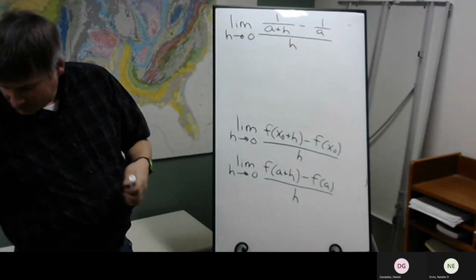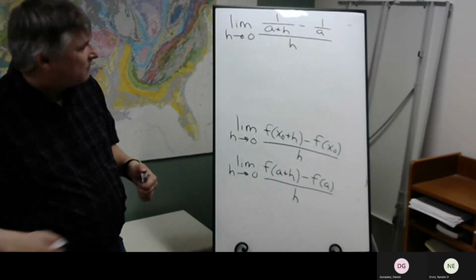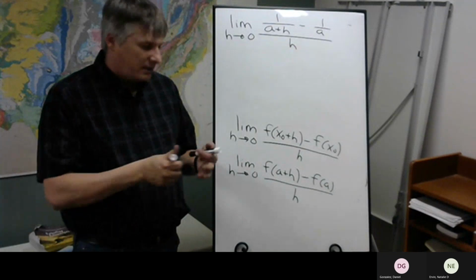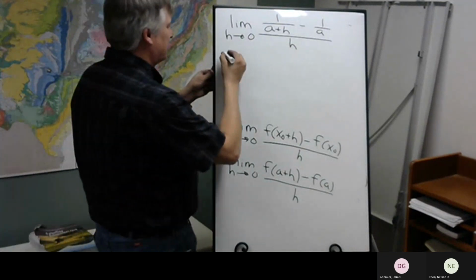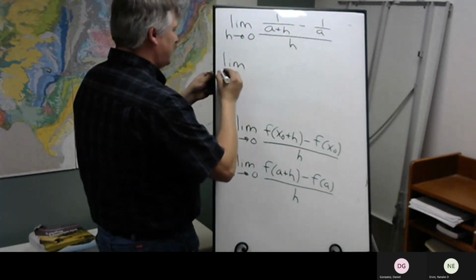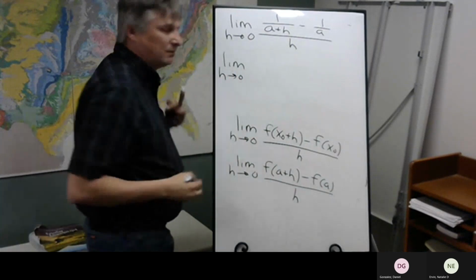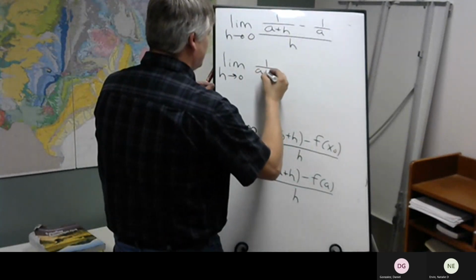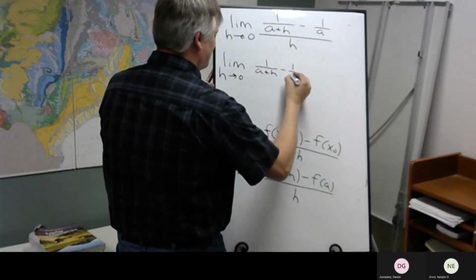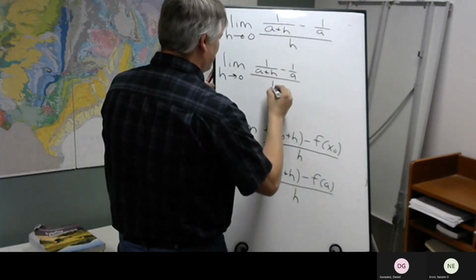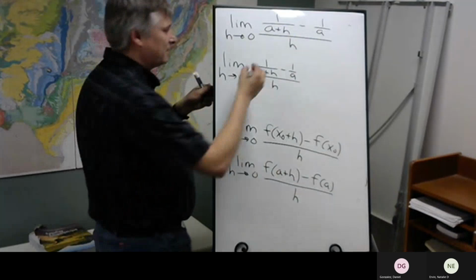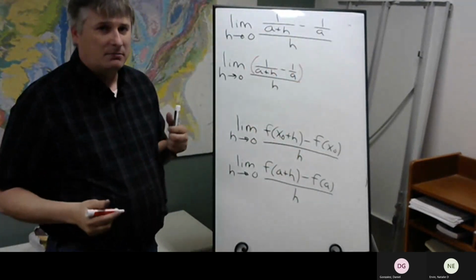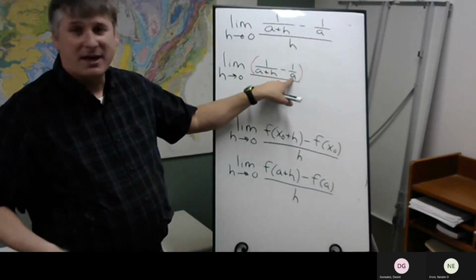So what we're going to do, we've got a complex fraction here. So what we can do is simplify, let's make this fraction a little less complex. So let's try to cancel some denominators. So to do that, I'm going to multiply through by this denominator times that denominator.